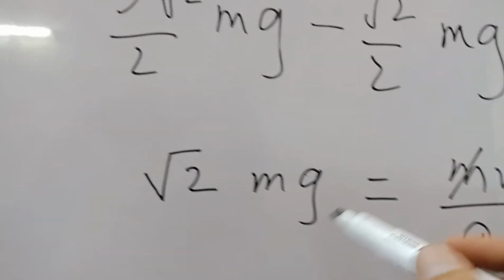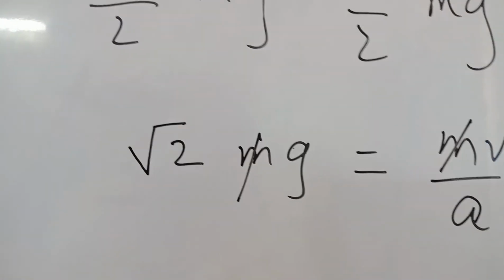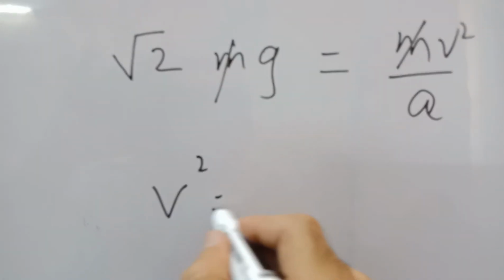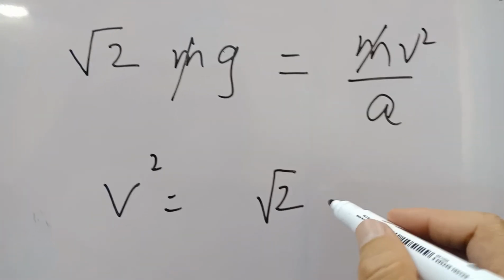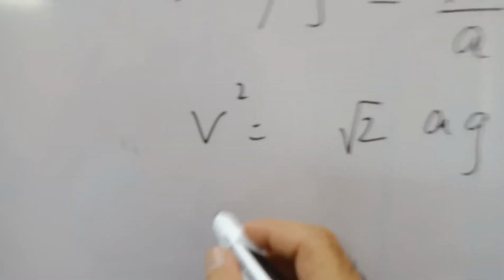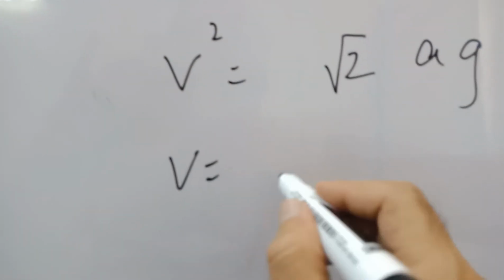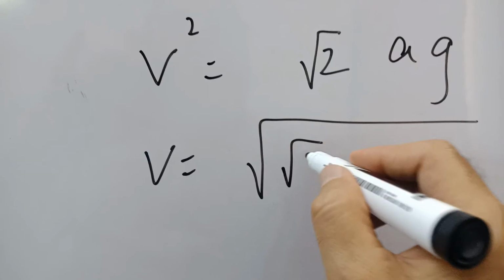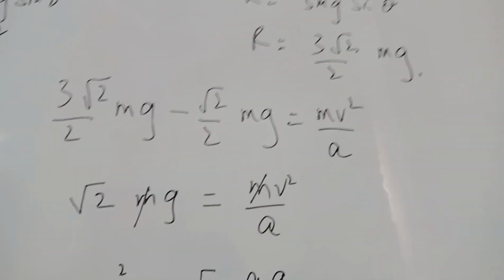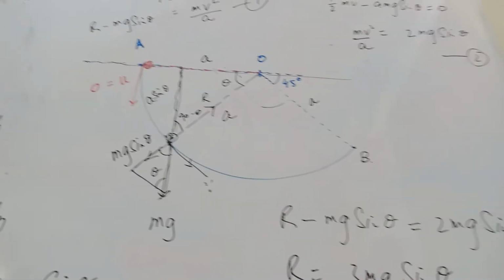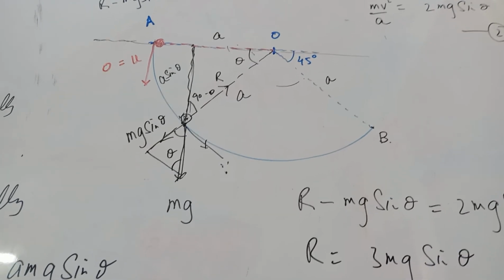I can cancel the m, so v squared equals root 2 ag. So v will be the square root of root 2 ag. This is the speed of the particle when it just leaves this circular track.